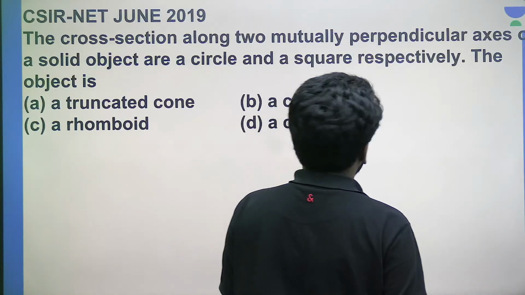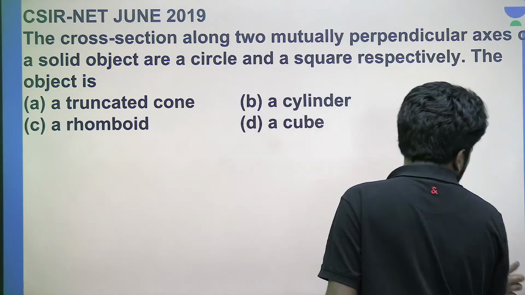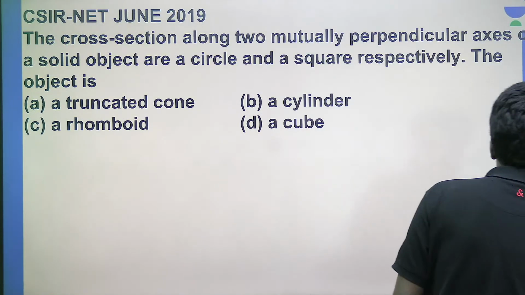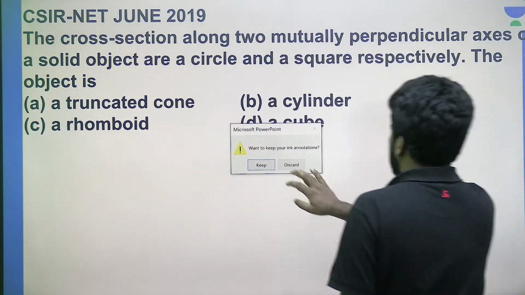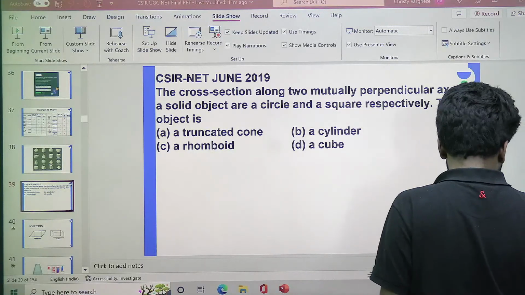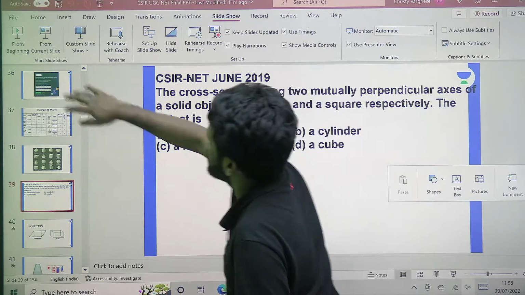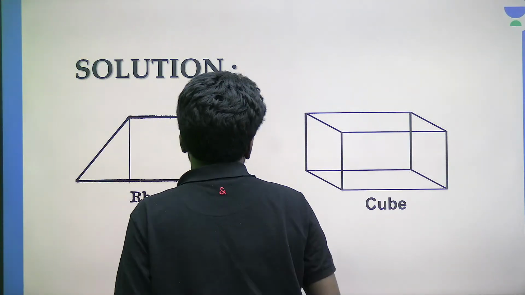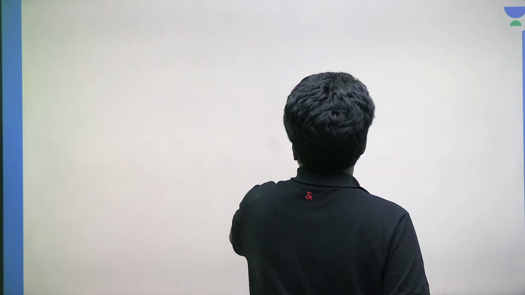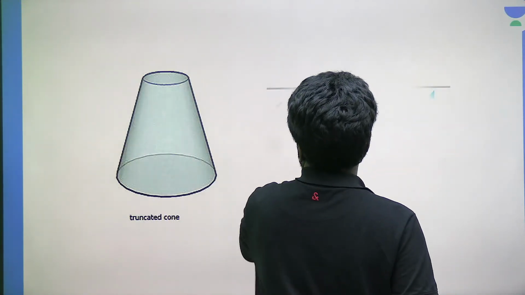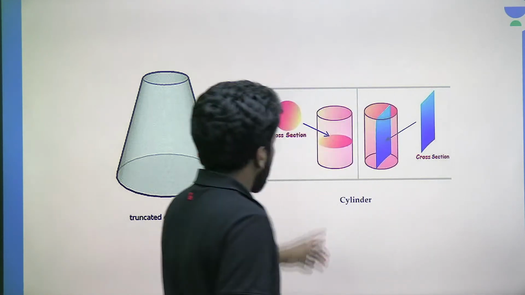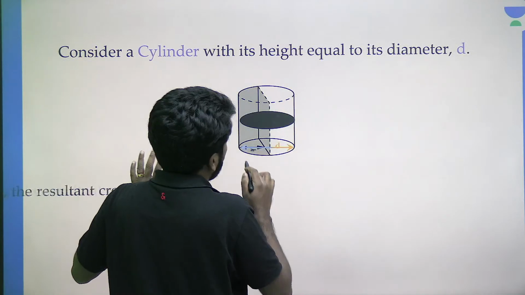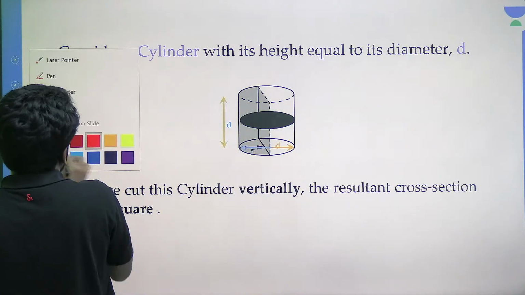Two mutually perpendicular axes means if you cut it horizontally and vertically, you can think. For example, look at this. I will take the cylinder case itself. Truncated cone, we'll check. Okay, look at this. If you are cutting the cylinder through this axis, you will get a circular cross section.